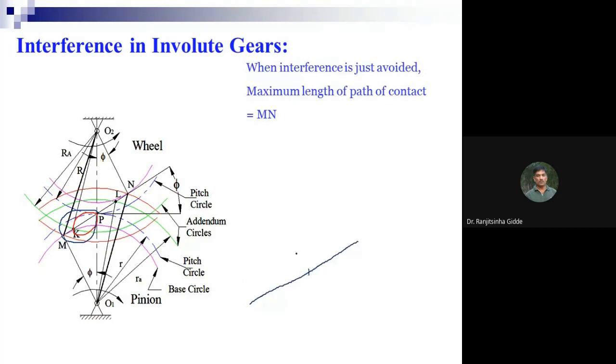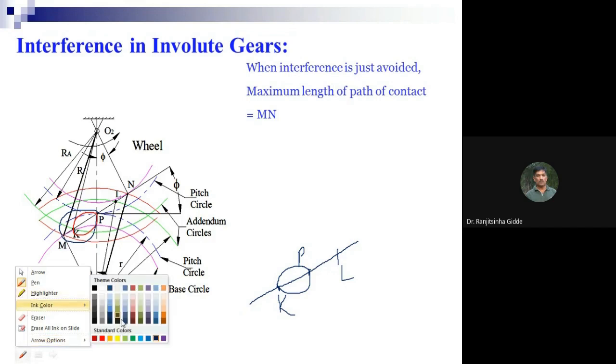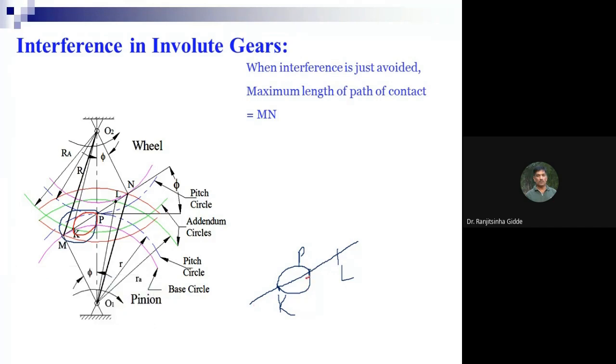This is P point, this is K point, and this is L point, right? So this one is the path of approach, and I will indicate with a different color another line. This red line indicates the maximum length of path of approach.